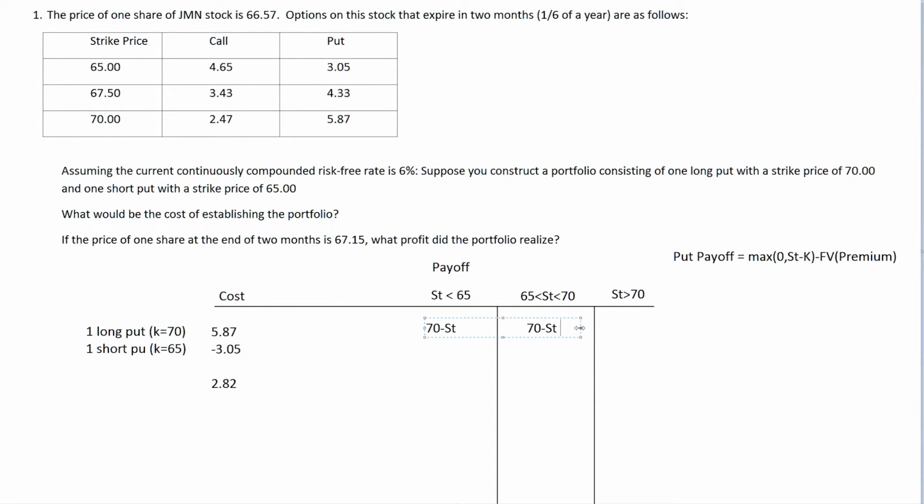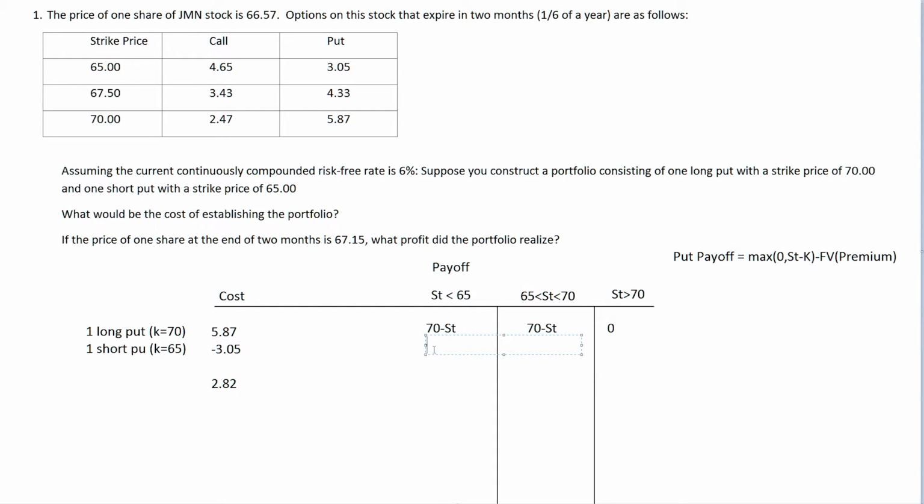Then if we happen to get to the point where the price of the stock is over 70, then we're just going to be at 0, because if it was at, say, 71, we'd have 70 minus 71, which is negative 1, which is less than 0, and the maximum of the put payoff is 0, minus the future value of the premium, but we're focusing on the maximum part there.